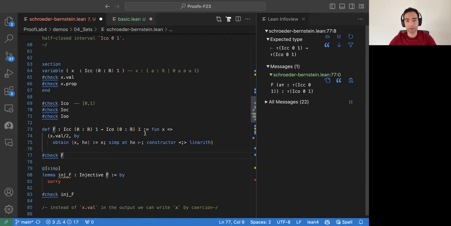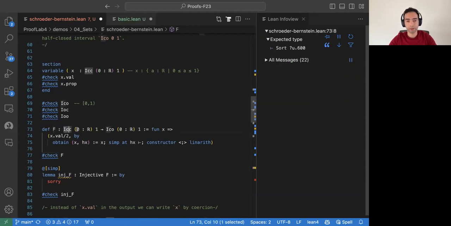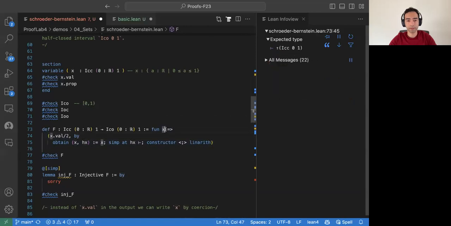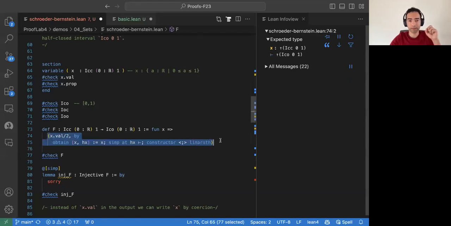So I'm defining a function from this type to this type, right? And I'm saying, okay, I take the input x that comes from here. So x is going to be a number between 0 and 1. And I'm returning something like this. And why is this a pair? Shouldn't it be just a number between 0 and 1?